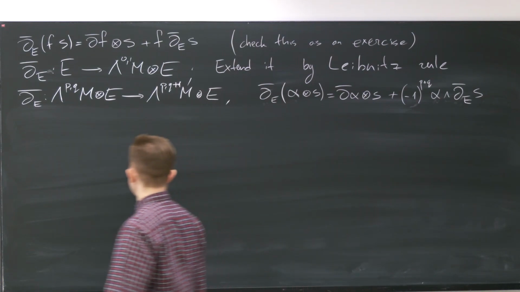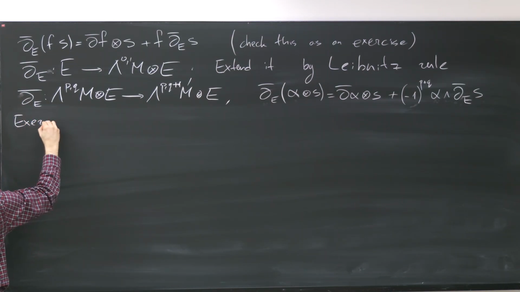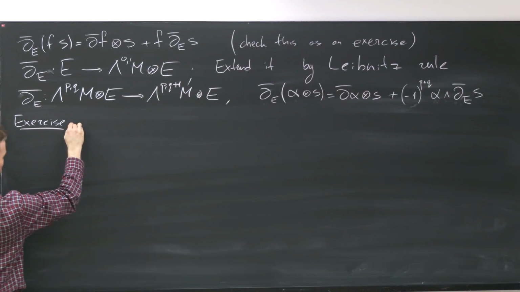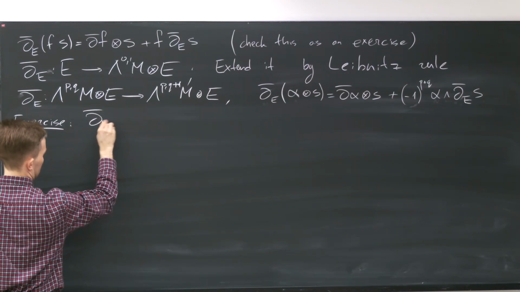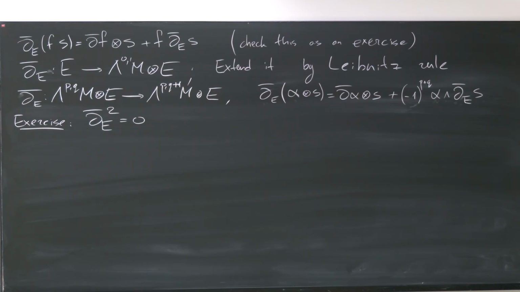Okay, so that's the usual way to extend this operator, and then one can check also, it's quite obvious, that if I do this, then this extension satisfies the following property, that its square is 0.